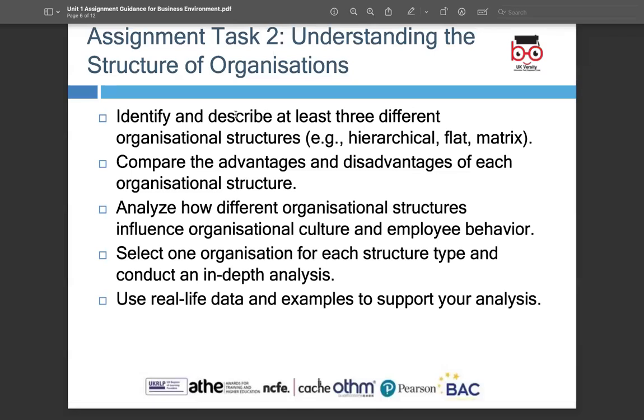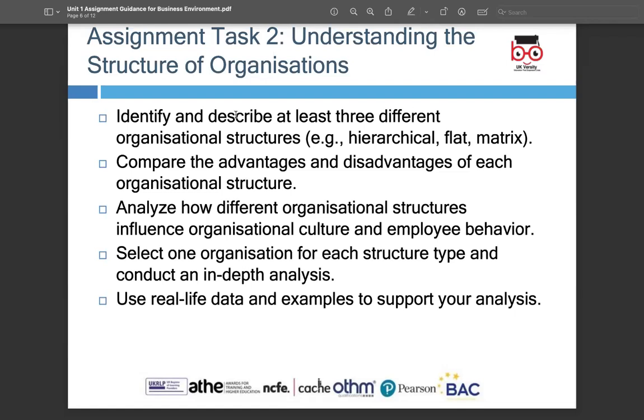Employees report to both functional managers and project managers. Compare the advantages and disadvantages of each organizational structure, which we already discussed in our session 2.